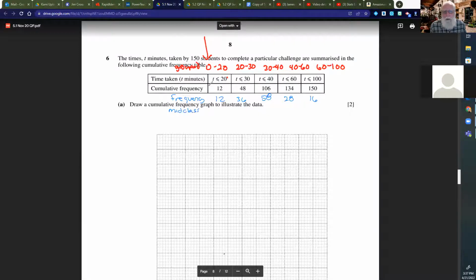So what's the mid-class value from 0 to 20? 10. And then what's the mid-class value from 20 to 30? 25. And then from 30 to 40? 35. And then from 40 to 60? 50. And then from 60 to 100? 80.